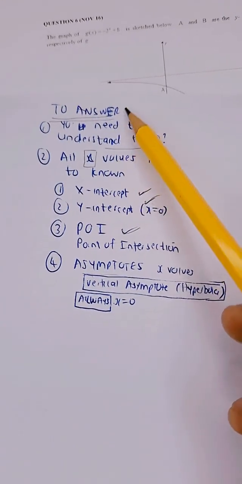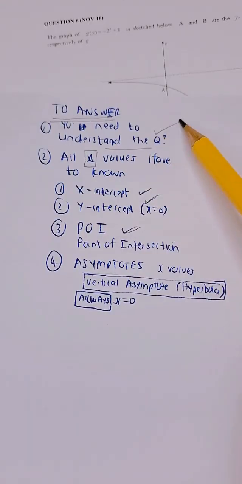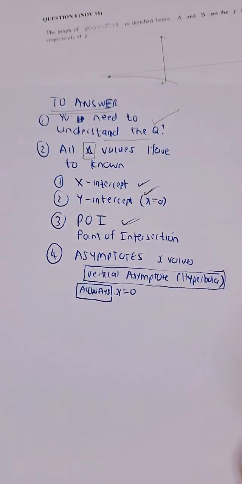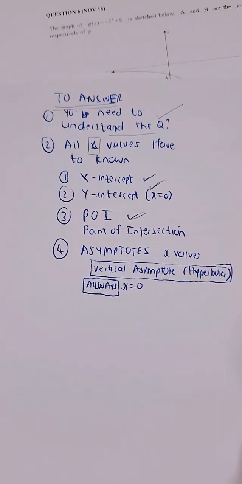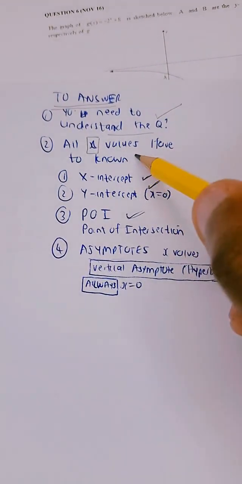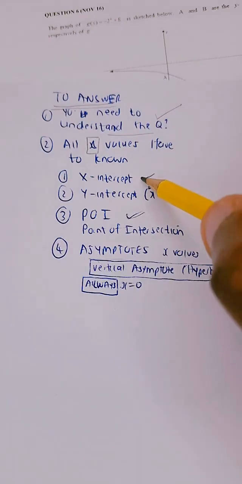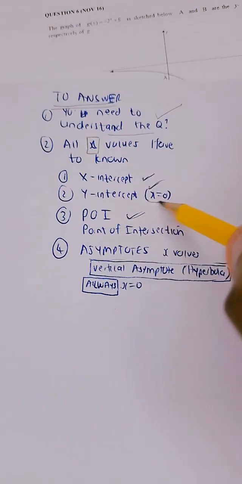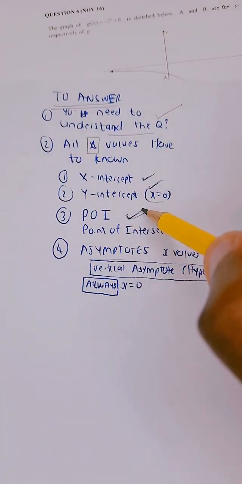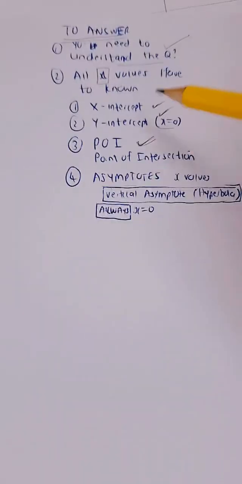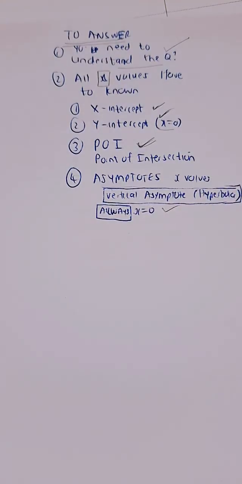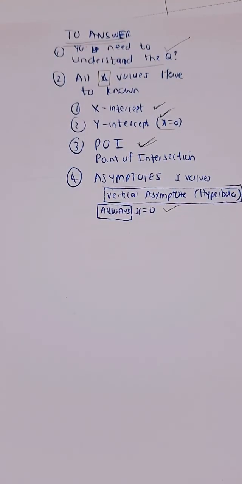Then let's come this side. I was saying you need to first understand the question, then second, please, guys, make sure you cannot answer the question fully until you have the x values for your x-intercept, your y-intercept, which is obvious, your point of intersection, and if you have a hyperbola function, your x value for your vertical asymptote.